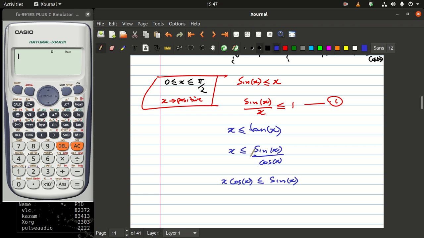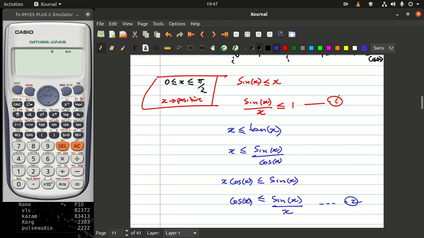X is also positive, so when I'm dividing by x throughout, the inequality is not going to change, and we're going to be left with cosine of x is less than or equal to sine of x all over x. I'm going to call this one equation 2.